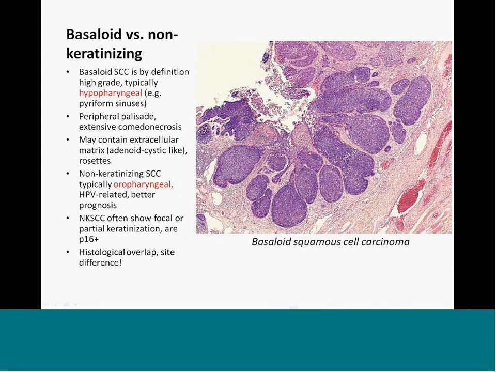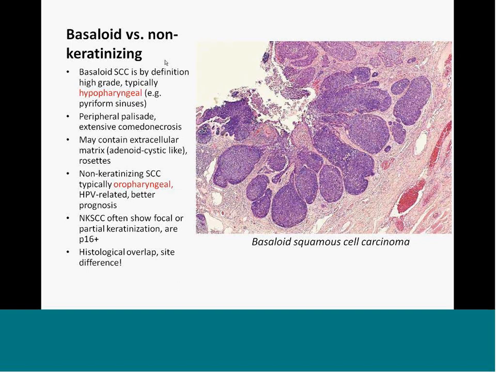This is an example of a basaloid squamous cell carcinoma, and I just wanted to draw a distinction between a basaloid squamous cell carcinoma and non-keratinizing squamous cell carcinoma, which is typically what one sees in the pharynx, HPV related. A basaloid squamous cell carcinoma is by definition high grade.